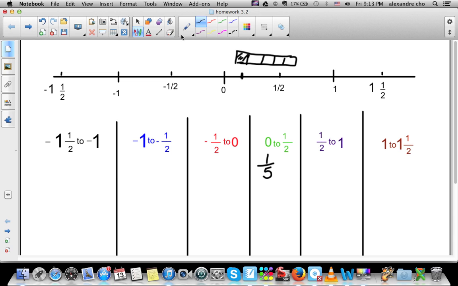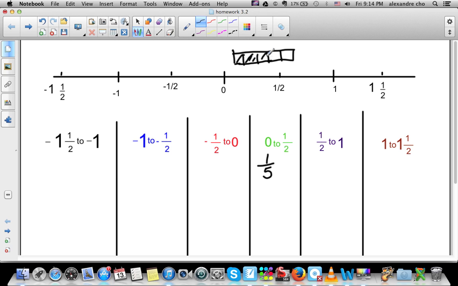Okay, our second fraction is 4/5. Now, with 4/5, it's the same thing. Let's draw a rectangle and cut that into 5 pieces. 1, 2, 3, 4, 5.